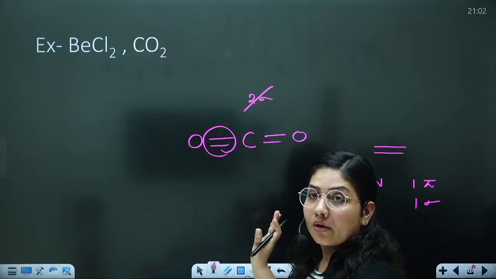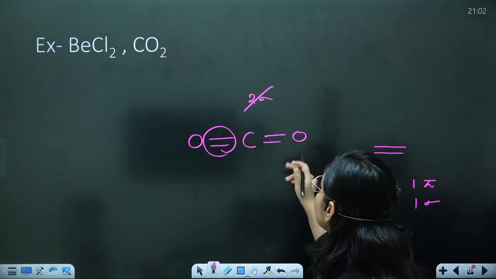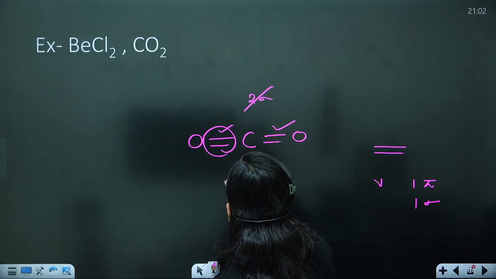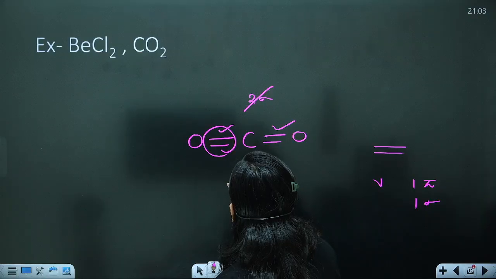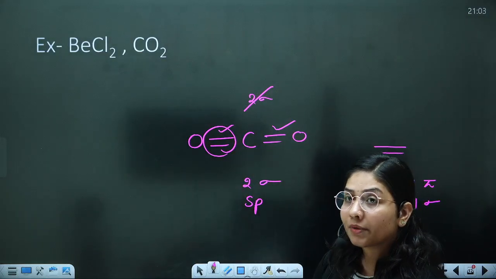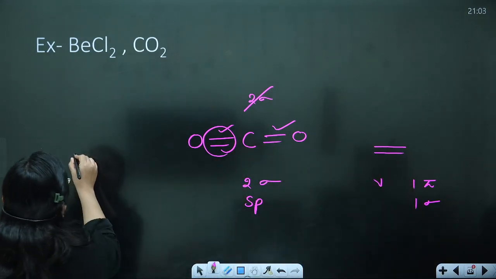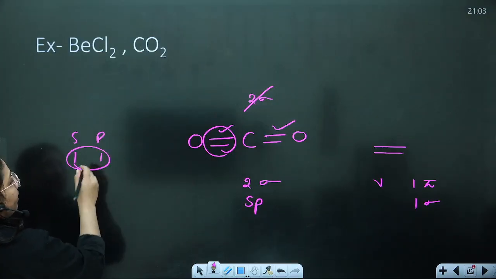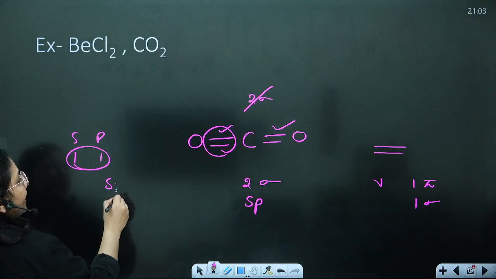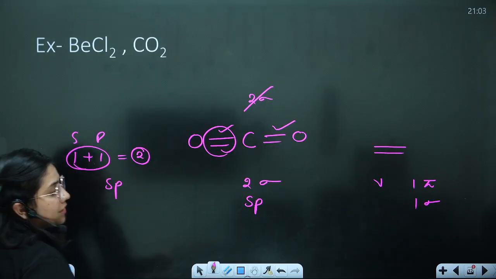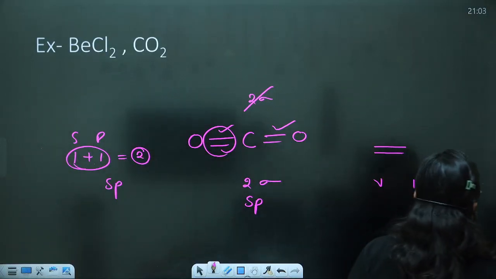There is no lone pair on it, okay, and the sigma bonds are 1 and 2. So since it is having 2 sigma bonds, it will have sp hybridization. How come sp? See, 1s 1p, it will become 2. For 2 we will write sp. So it is sp hybridized.